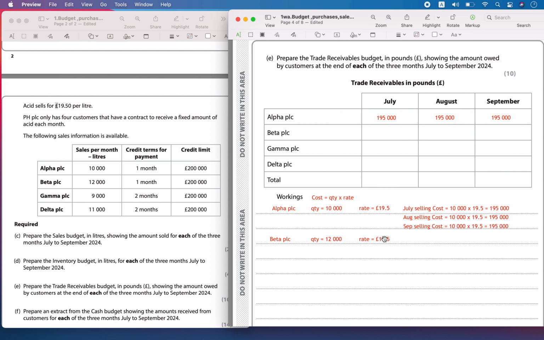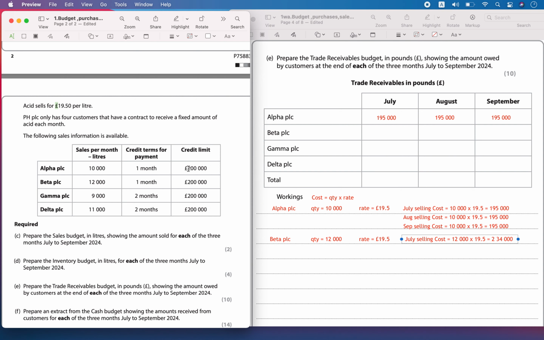Now for Beta, the quantity is 12,000 and the rate is 19.5. Let's calculate the July selling cost. It will be 12,000 times 19.5, that is equal to 234,000. So 234,000 worth of money they have to pay.